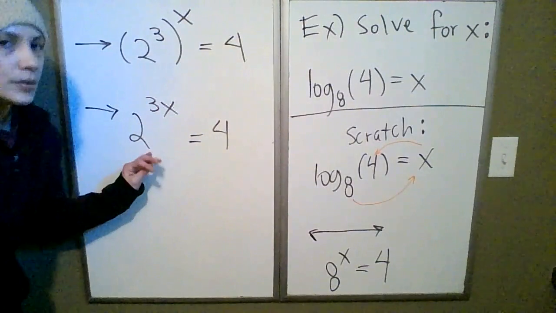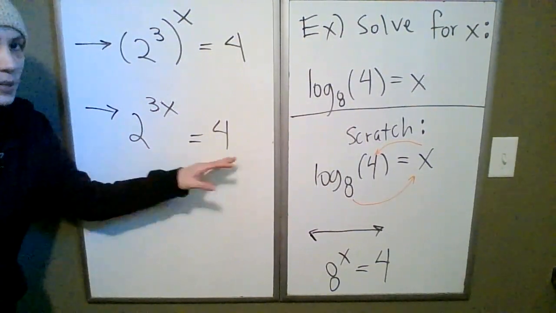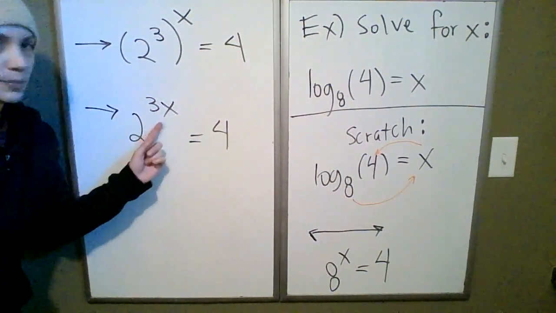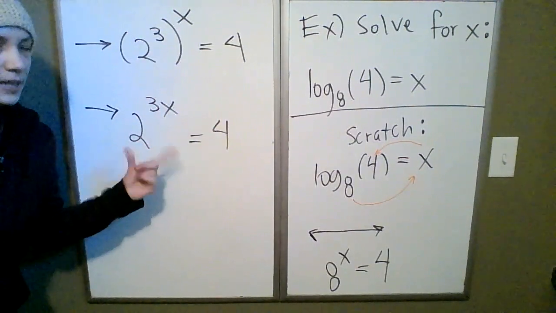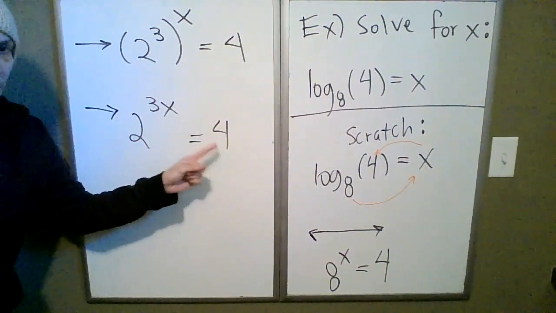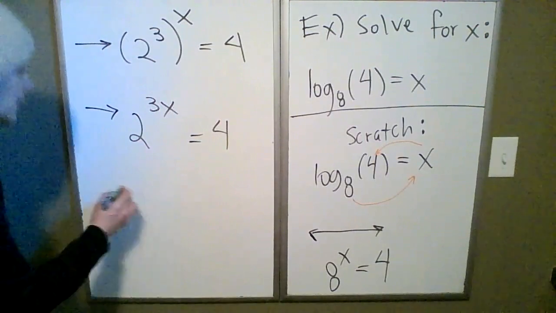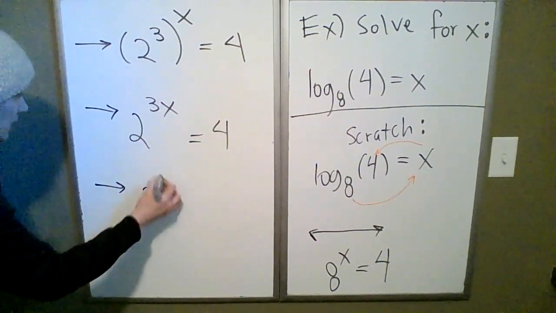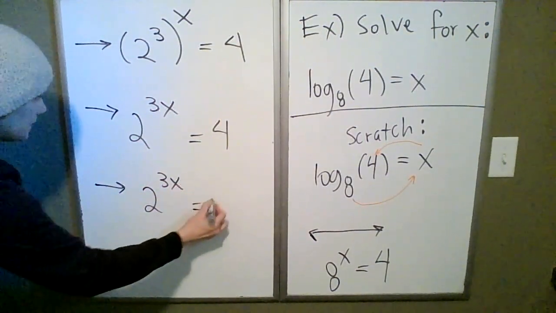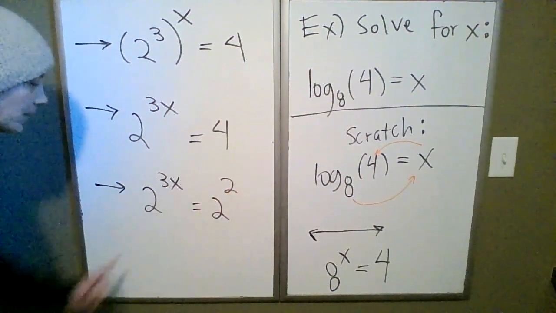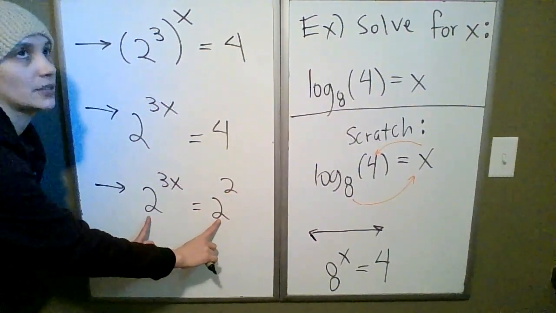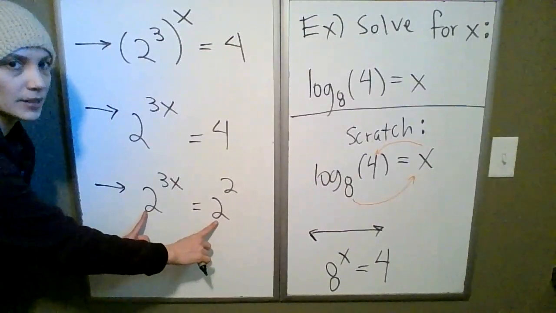Okay, there's a result for having the same base. The exponents would be equal to each other if we had a base of 2. So let's rewrite 4 as 2 squared. Okay, so the bases match, we have a matching base of 2.